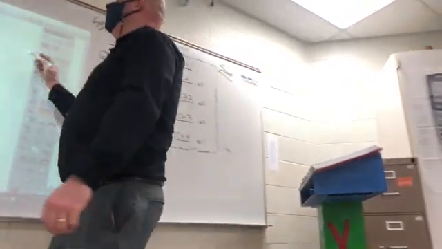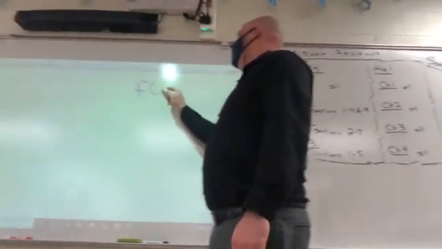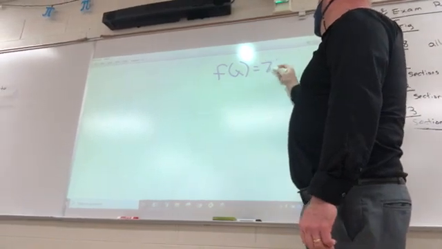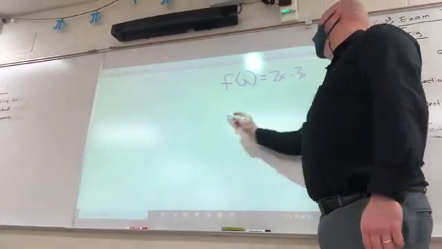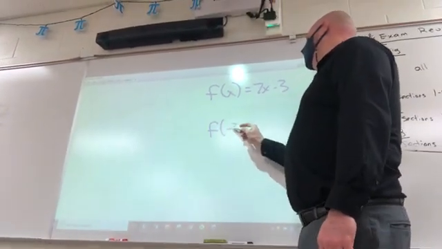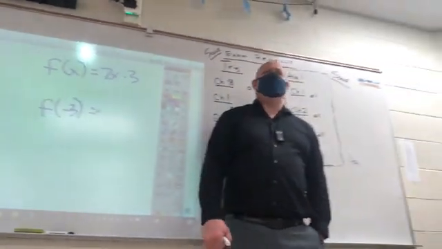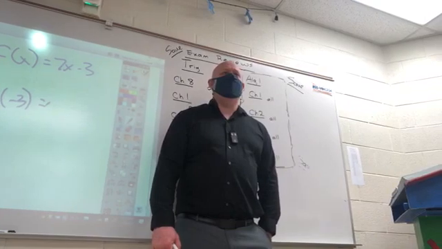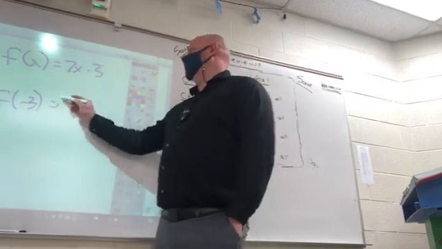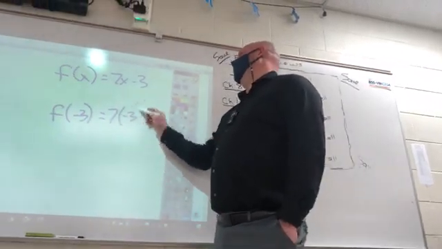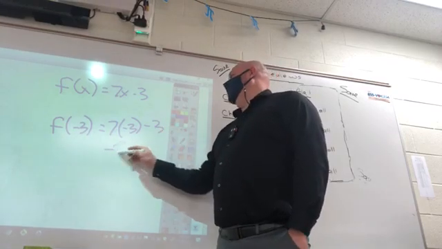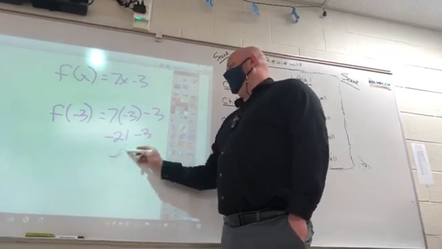If I gave you this, f of x is equal to 7x minus 3, and I said, find this. What do you do with a negative 3? Just plug it in. So 7 times negative 3 minus 3. Negative 21 minus 3 is negative 24.